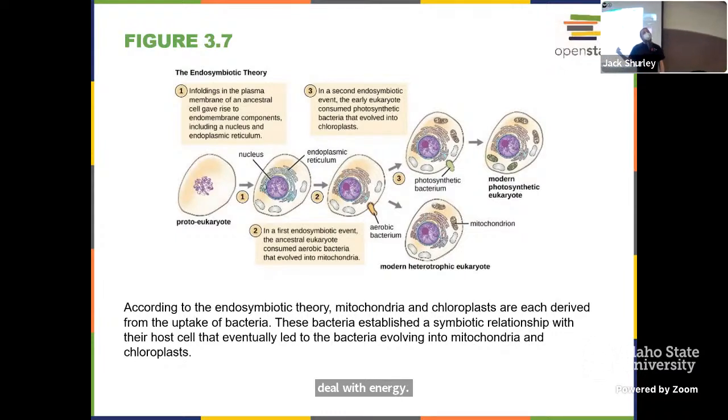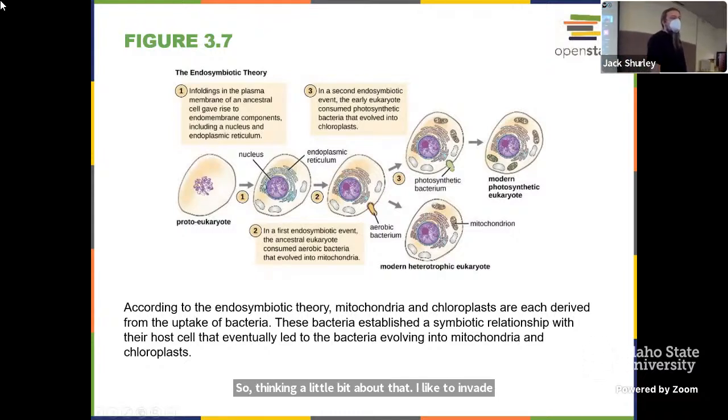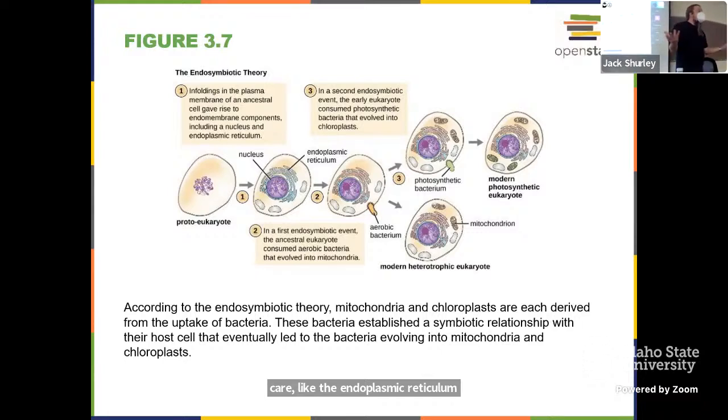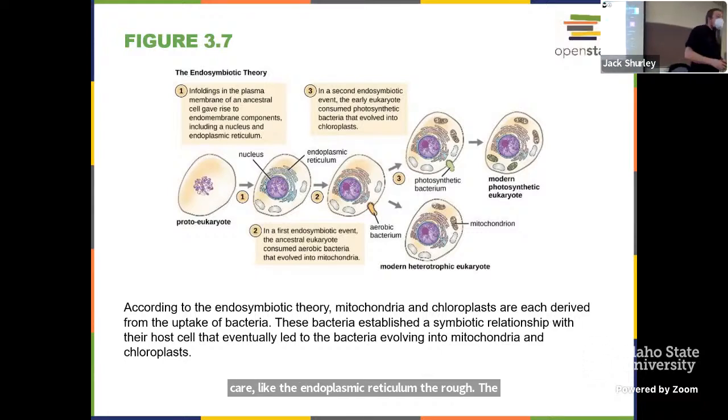So thinking a little bit about that, I like to envision this as we see all of this material showing up in here: the membrane around the nucleus, and then other endomembrane systems as we move through here, like the endoplasmic reticula, the rough, the smooth, and the Golgi apparatus, which is really all part of that.